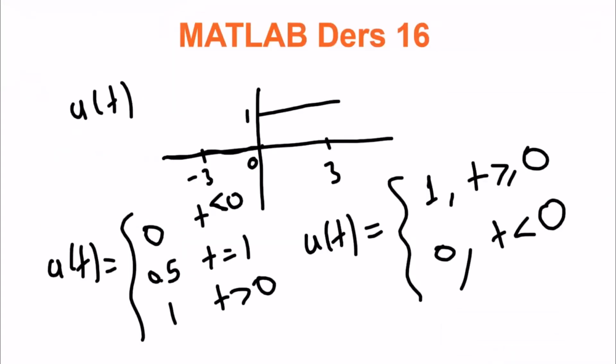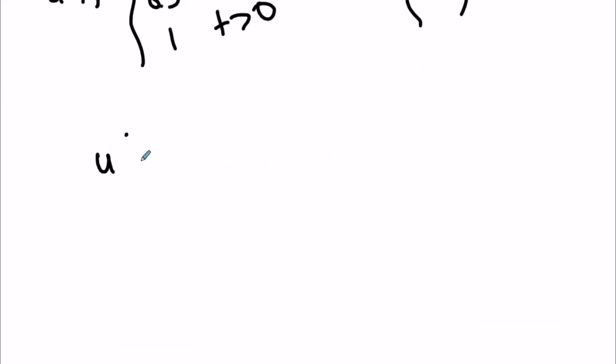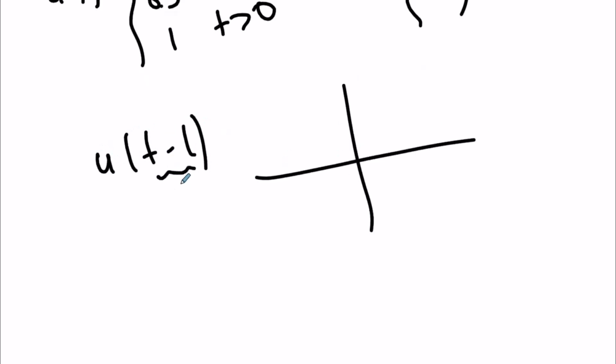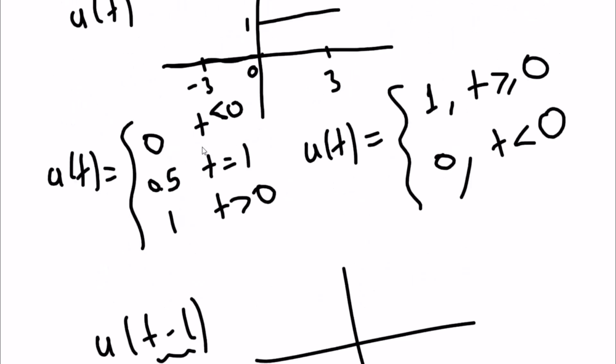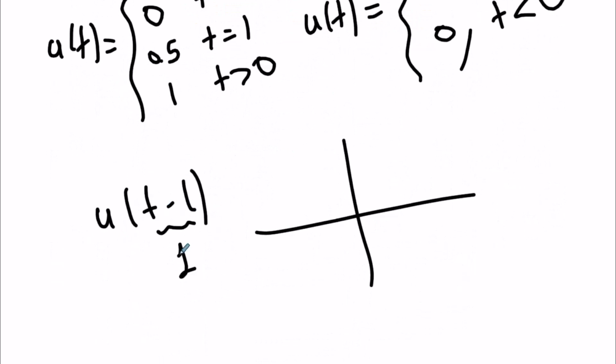For example, what is unit step A minus 1, T minus 1, guys? This time you wait for values that make them 0 and greater than 0. So the values that make 0 inside here started from 0 because it is 0 here. Since the values that make 0 inside are numbers 1 and greater than 1, a graph is obtained as follows.